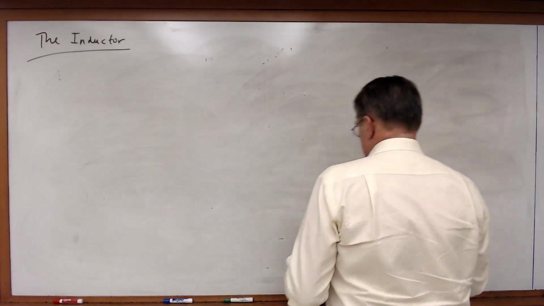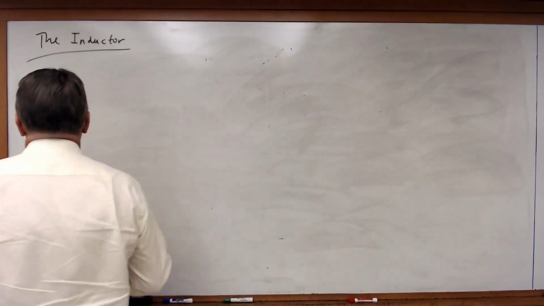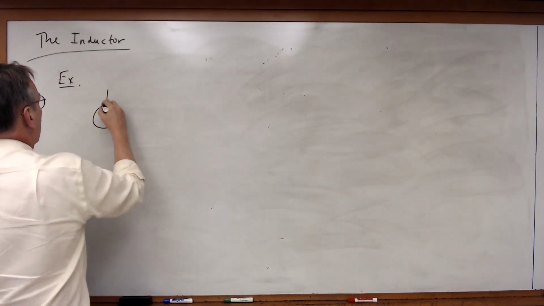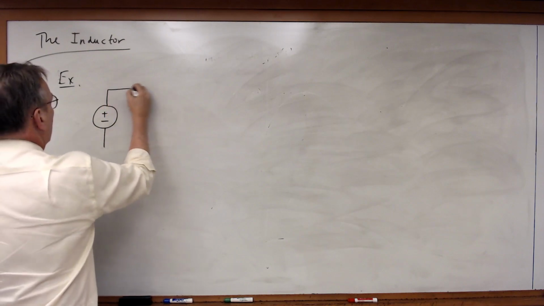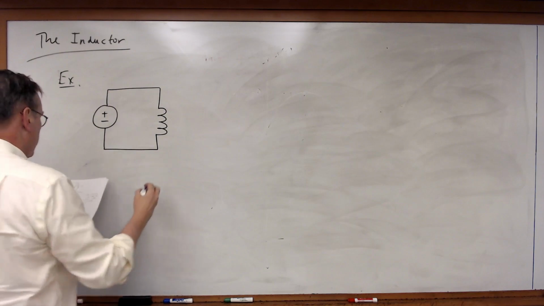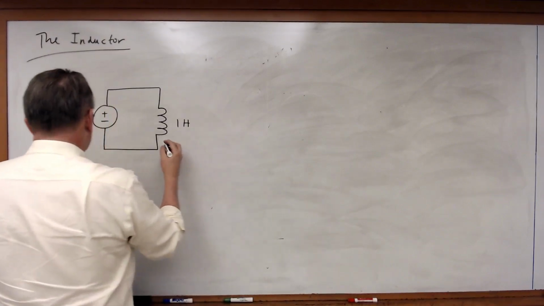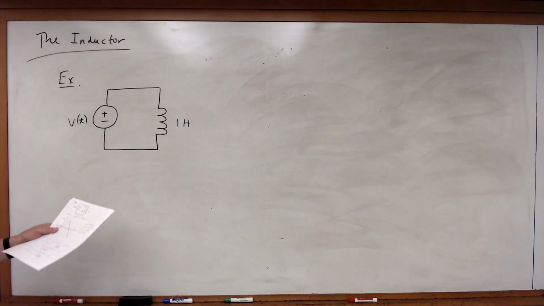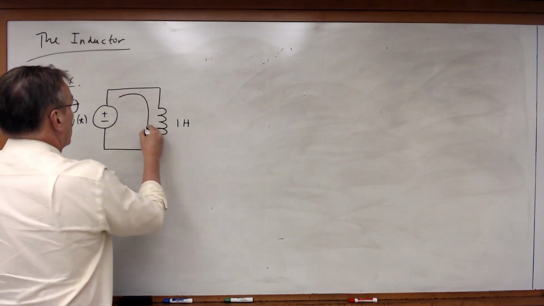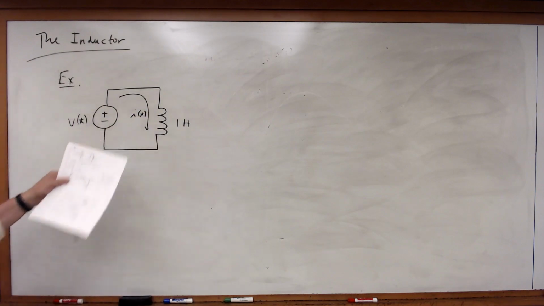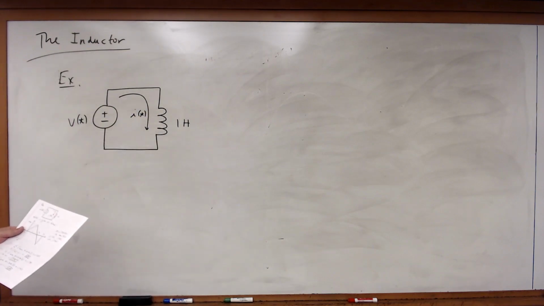What if we had this kind of example? Let's say I've got a 1 Henry inductor. Now I'm connecting that inductor across a voltage source, and I'm going to calculate the current.